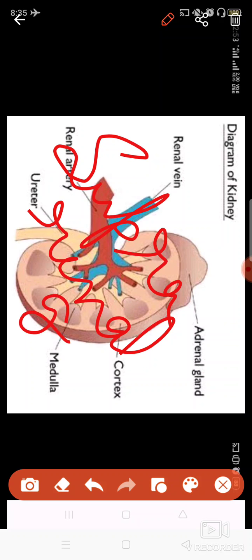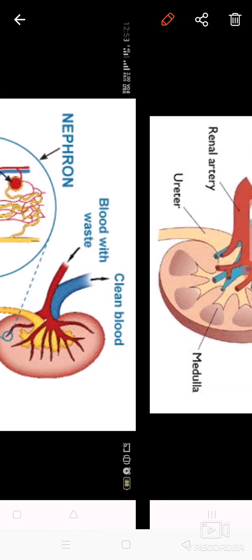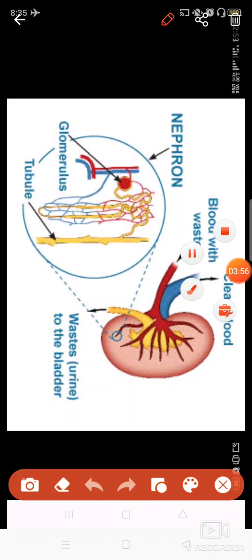Whenever we talk about renal, it means anything connected to the kidneys. In the same manner that in the heart it is known as pulmonary, here everything is known as renal. Now let us see how the nephrons are arranged in your kidney portion.